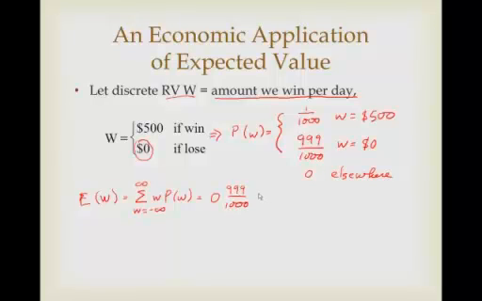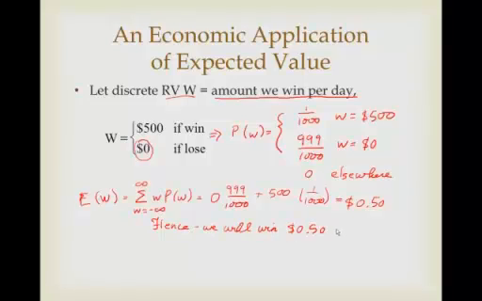And then we add in the other, which is we can win 500 big bucks, and we have a 1 out of 1,000 probability of doing that. And so that means we've got an expected value of winning 50 cents a day. So we will win about $0.50 per day on average. Yay!